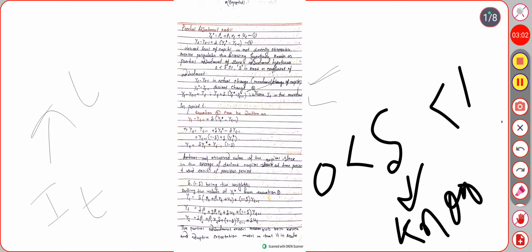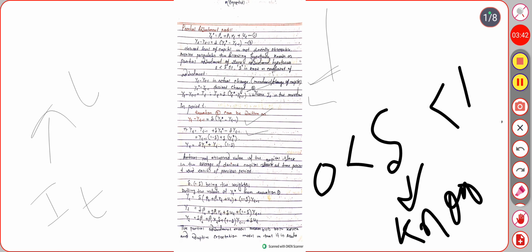So from equation 2 we can write yt minus yt minus 1 is equal to del of yt star minus yt minus 1. Yt is equal to, from the left hand term replaced in the right hand, yt equal to yt minus 1 plus del yt star minus del yt minus 1.